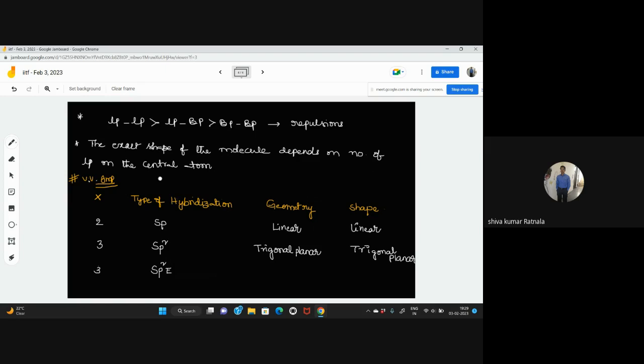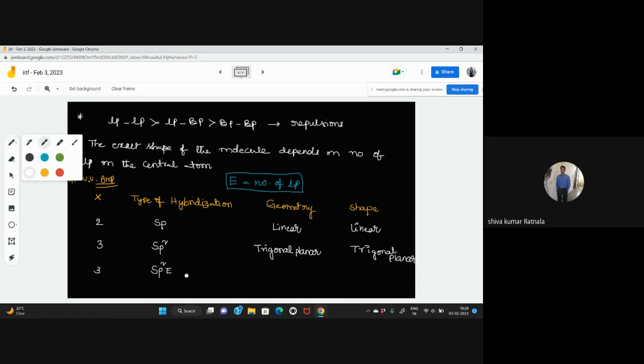Here E means the number of lone pairs. Take X as an arbitrary value for now, I will tell you how to calculate it. So the molecule has sp2 hybridization with one lone pair.